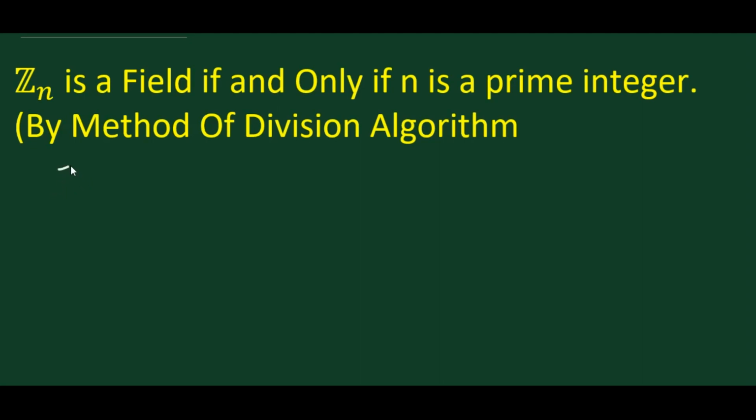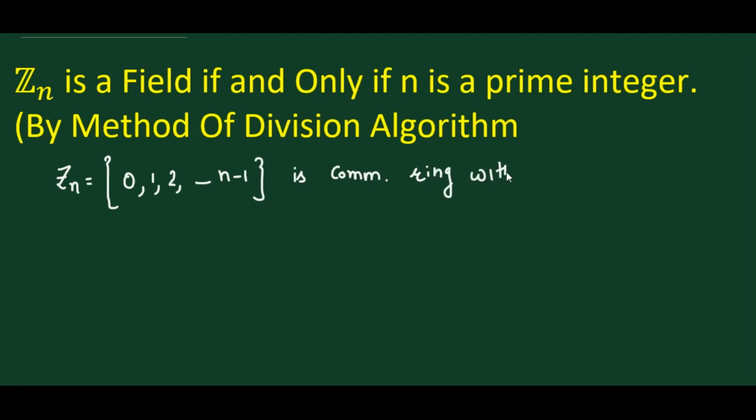Okay, so first let me rewrite again what is Zn. Zn is the set of all remainders of n: 0, 1, 2 up to n minus 1. And we have proved that it is a commutative ring with unity with respect to these two operations.